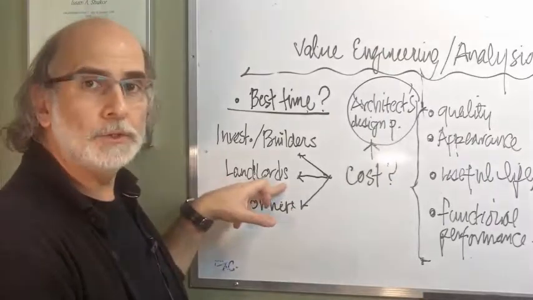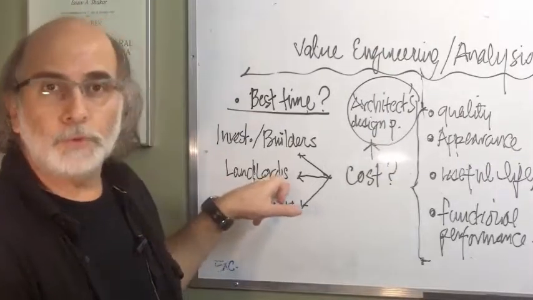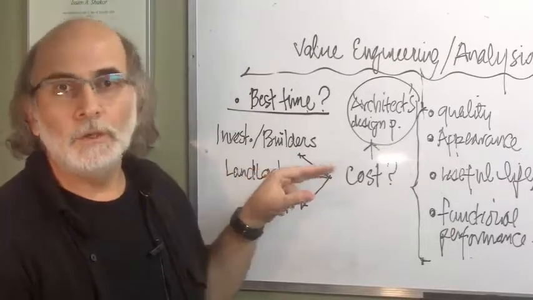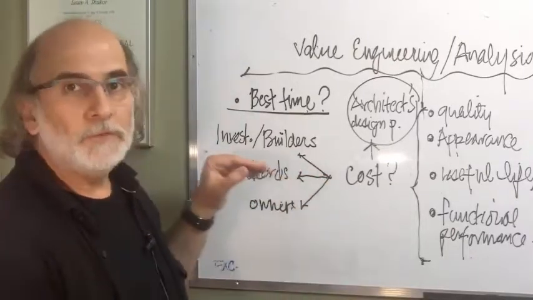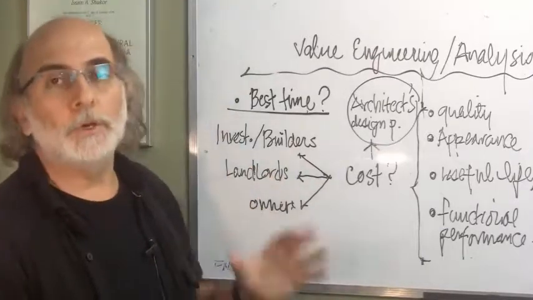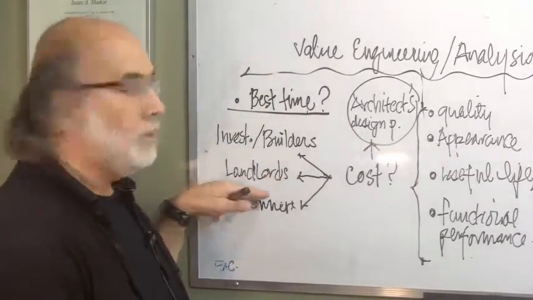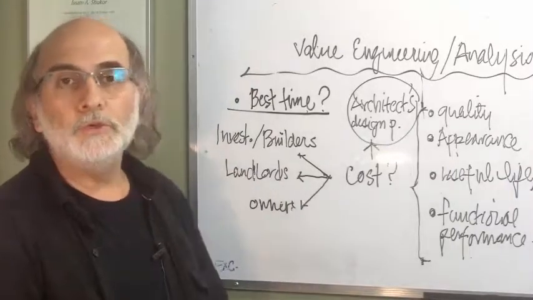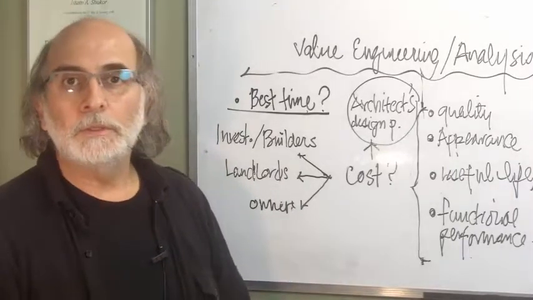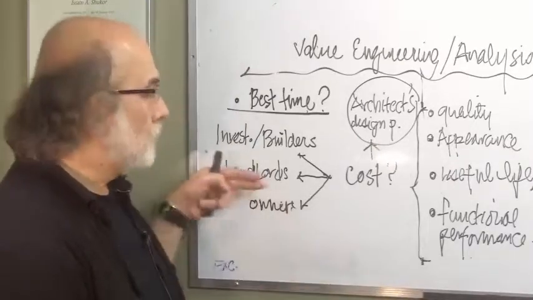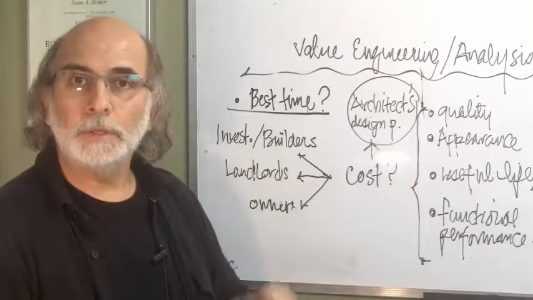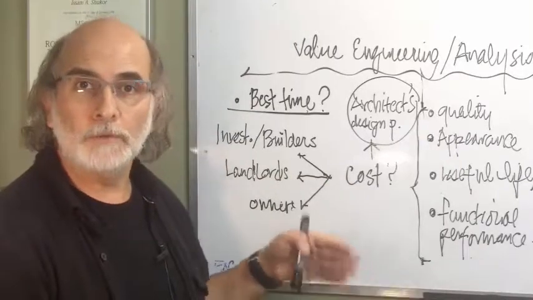If you're a landlord, however, you would probably try to maximize the efficiency of your systems and the efficiency of your spaces, because after all, you are probably a landlord and you have a tenant, and due to the fact that tenants pay the bills, they probably don't care about certain aspects and care more about other aspects.